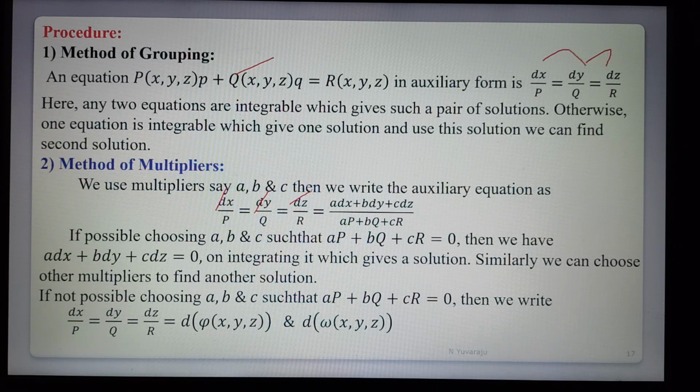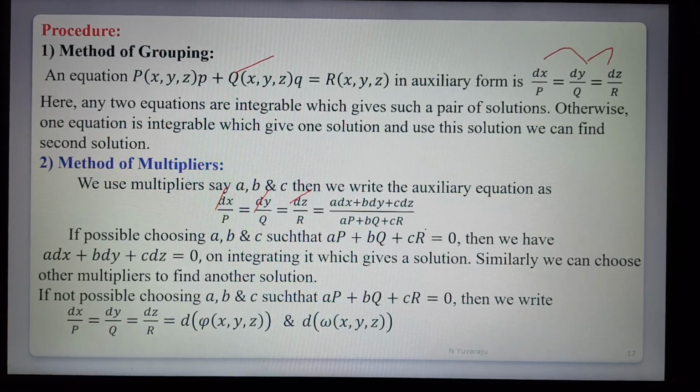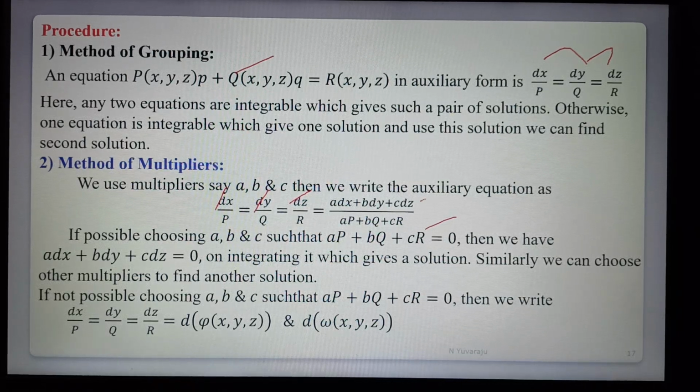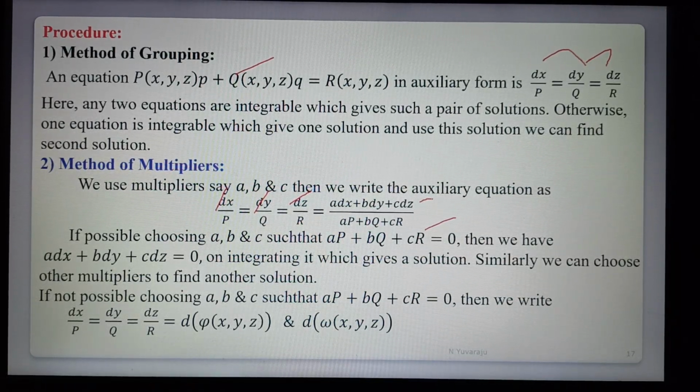Then how to choose a, b, c such that after multiplication and adding, the denominator must be equal to 0, that is aP plus bQ plus cR is equal to 0. Then automatically the numerator a dx plus b dy plus c dz is also 0, and on integrating it gives a solution.